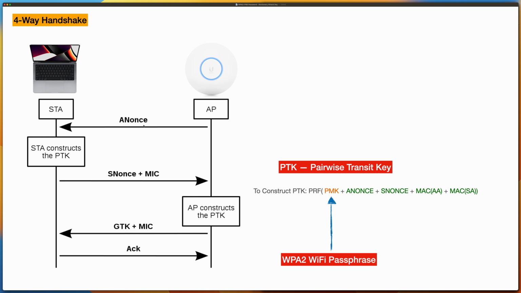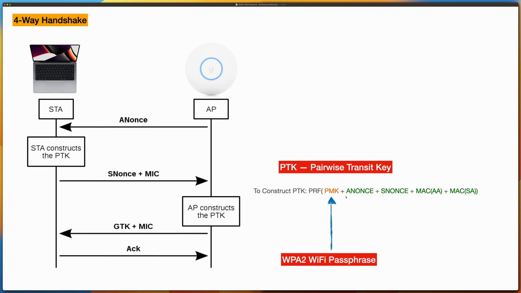And then the ANonce is provided by the AP to the client in the first message. The SNonce is provided from the client to the AP in the second message. Because these two are communicating with each other, of course, they know their own MAC addresses and the other side's MAC addresses, right? So all the 5 pieces of information are known to both client and AP. That's why they can do the PTK construction independently.